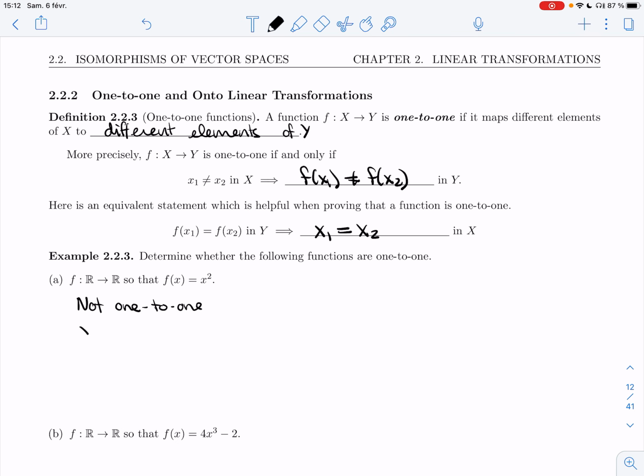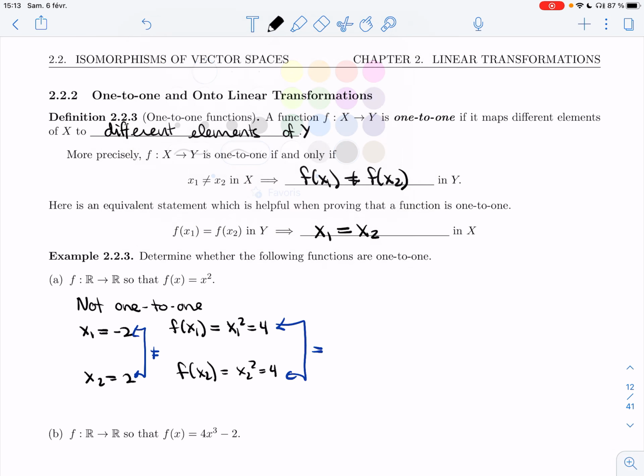So I'm going to take x1 to be minus 2. So f of x1 is x1 squared, which is 4. And I'm going to look at 2. f of x2 is x2 squared, which is 4. All right, so these images are the same, but these starting points are different.